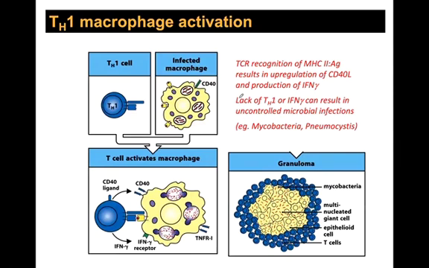Now, what this does, in many cases, is that it's trying to cause a compartmentalization of the infection. This is most clearly seen in mycobacteria, and some Neisseria species and some fungi will do this, where what you're trying to do is wall it off.